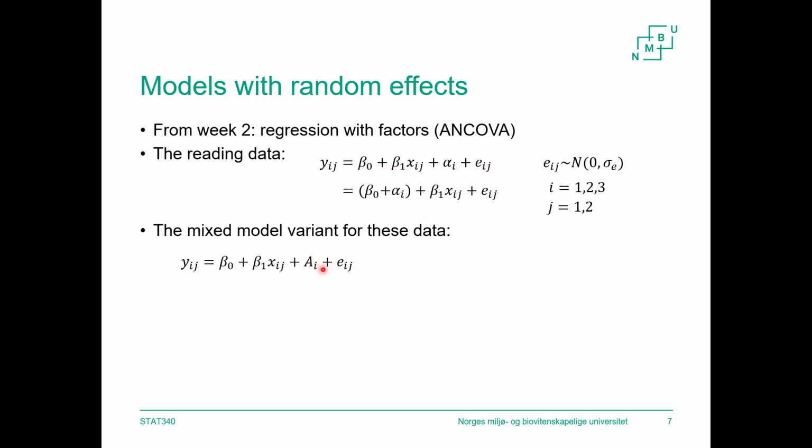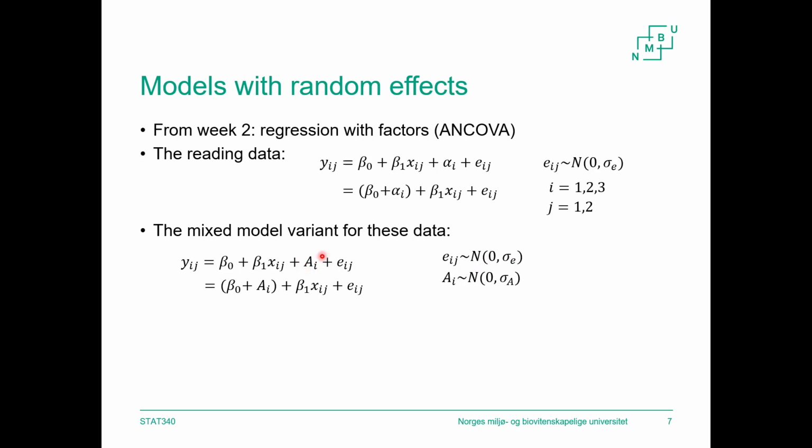The only thing that changes is that this alpha i here is replaced by a_i in my notation. And if you just rearrange again, we get exactly the same as up here. So now this is the intercept for each child. And this term is the same as before, or at least it has the same specification.